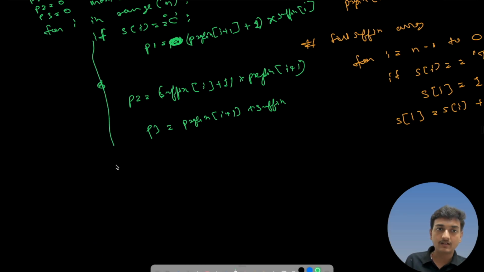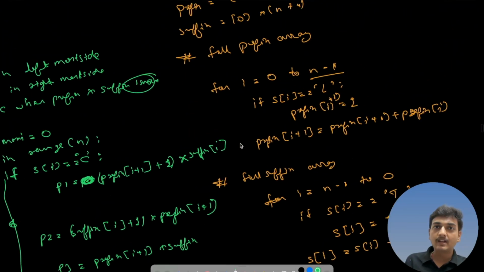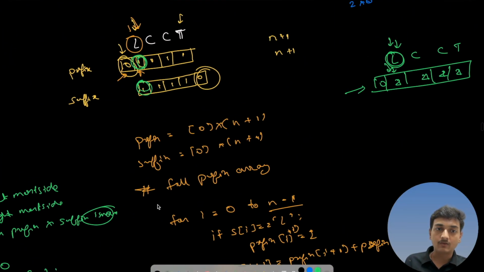Outside of this if condition, my maxi will be max of maxi comma p3. Why? I will just be keeping track of the maximum value. I have not added L here, so I have not incremented plus one here. I have not added T here, so I have not incremented plus one here.